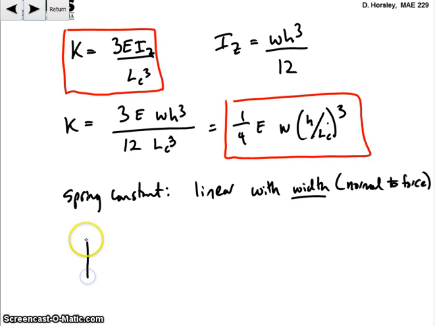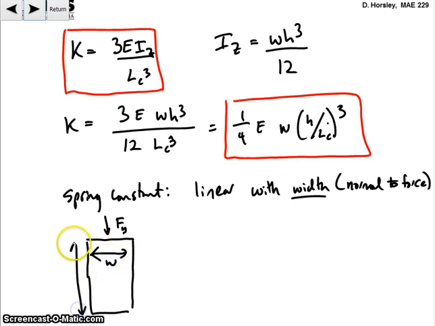So here's how we want to draw the picture. Here's the force that we're talking about, right? This is really y-axis force. And so we have this direction here, this is the width, and this is h, okay? And it's cubic with h over L.